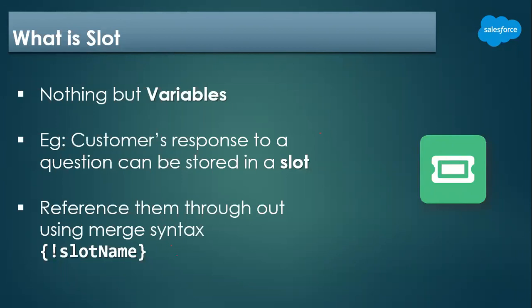In the previous slide, we saw a question, which city are you from? So we use a slot to store the answer from the user. Not only can slots be used to store data, but you can use your familiar merge syntax in messages to interpolate slot data.